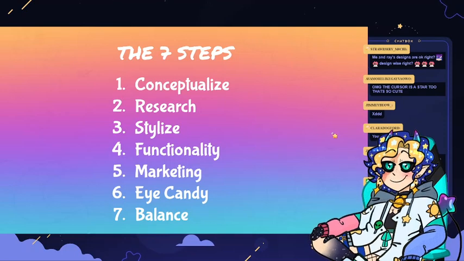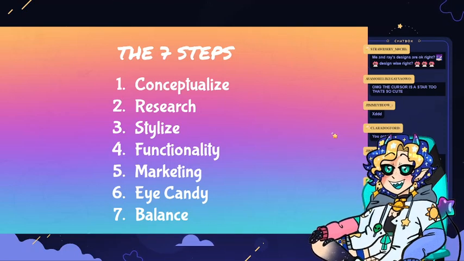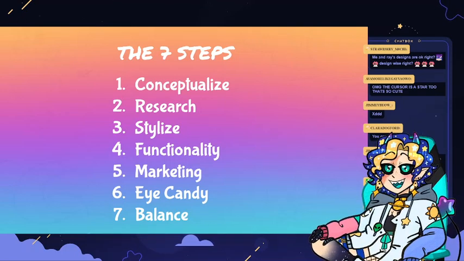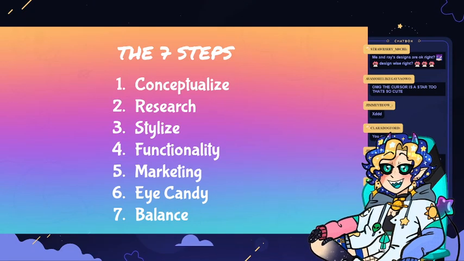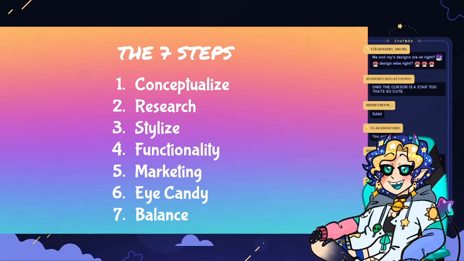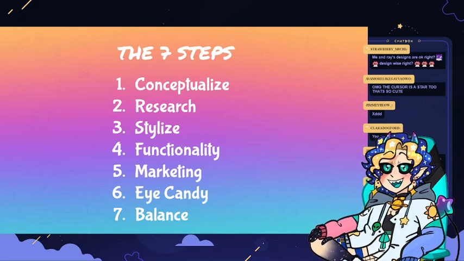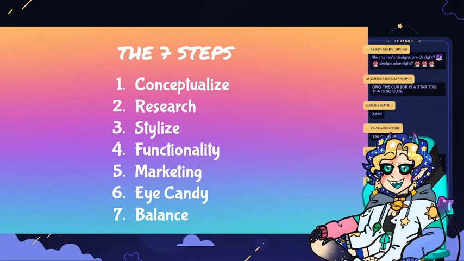Questions are encouraged. Now, on to the 7 steps. I changed the name of all of them from the original idea, but I feel like this flows a bit better. Step 1, conceptualize. Step 2, research. Step 3, stylize. Step 4, functionality. Step 5, marketing. Step 6, eye candy.